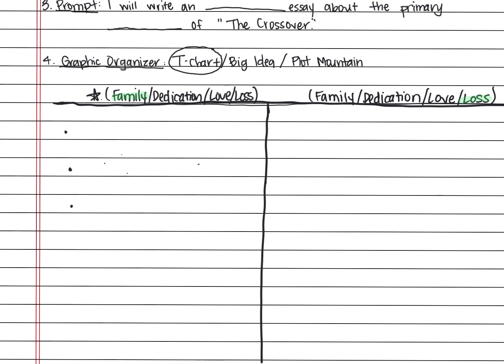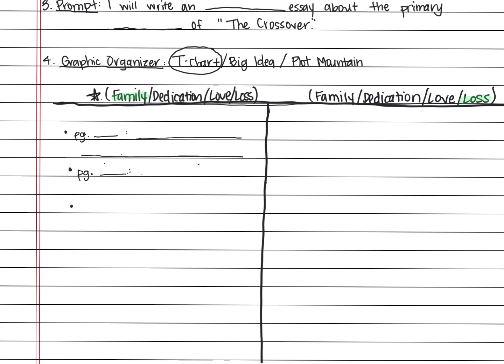So this is where you'll go back to your crossover packet and you will find where this word is, and you will write whatever page number evidence, whatever summary you have of the page numbers and the evidence next to these bullet points. So this will say page something, and you will put your evidence.